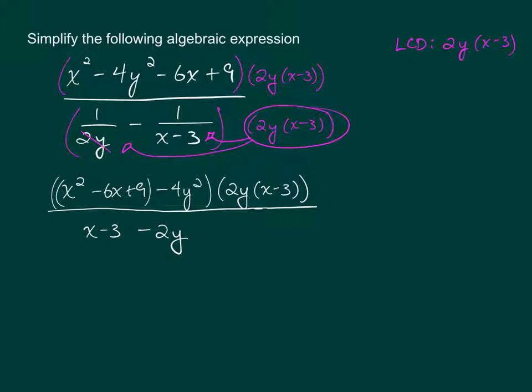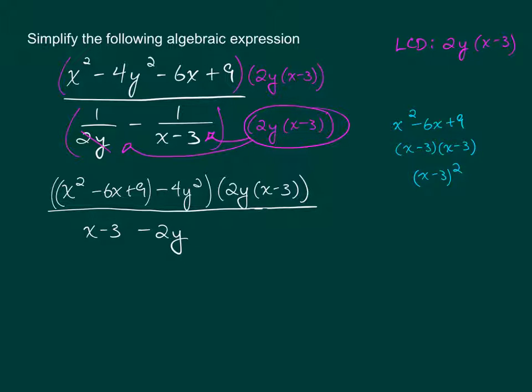And I mentioned that I was going to explain why I put these parentheses around the x squared minus 6x plus 9. I do that because I realize that the x squared minus 6x plus 9 can be factored. So I'm going to do that off to the side here really quick. That x squared minus 6x plus 9 can be factored into x minus 3 times x minus 3, which can be rewritten as x minus 3 squared.